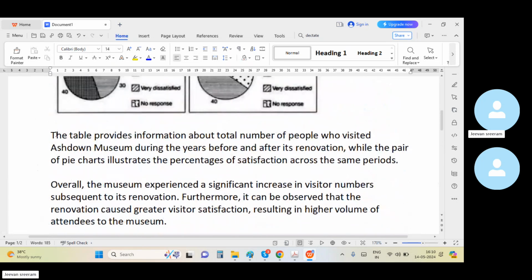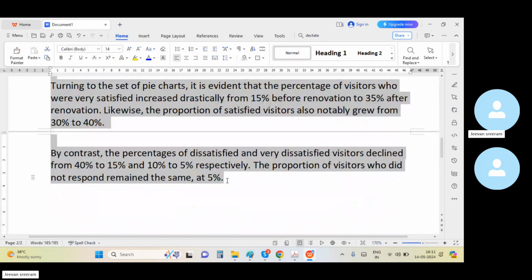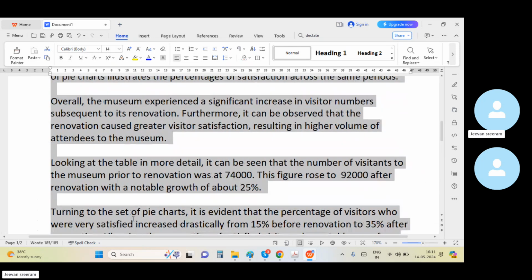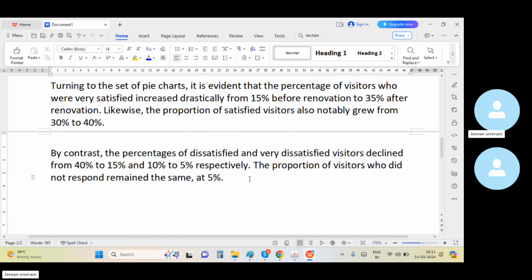Frankly speaking, this response is enough to get up to 8 for this question. So the word count is 185. Cool. My suggestion is to write 165. Yeah, 185. So you may even write another concluding paragraph, to summarize, to conclude.